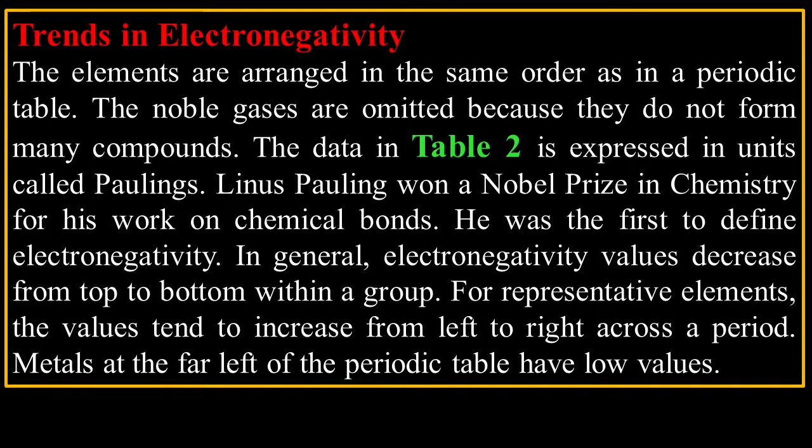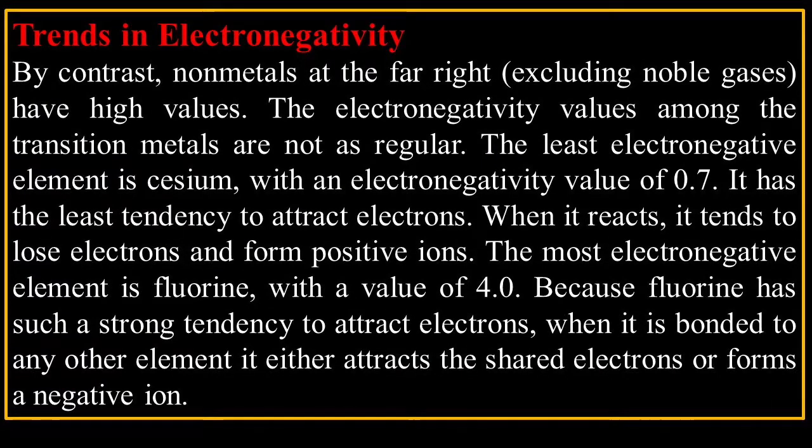Metals at the far left of the periodic table have low values. It's important to understand why those are low and why fluorine, oxygen, and chlorine are high. Very important to know that information. By contrast, nonmetals at the far right, excluding noble gases, have high values.